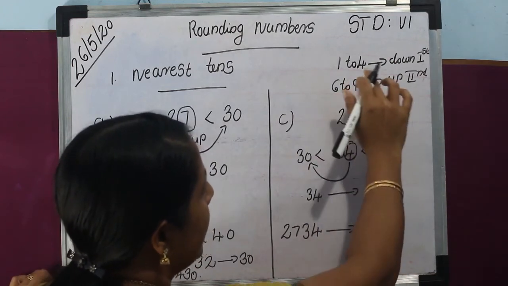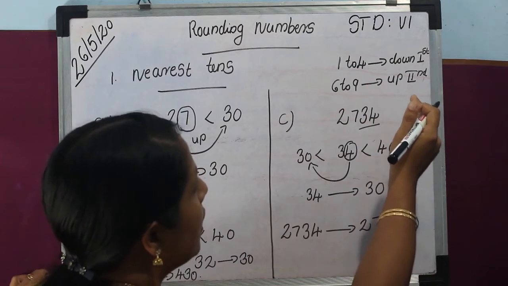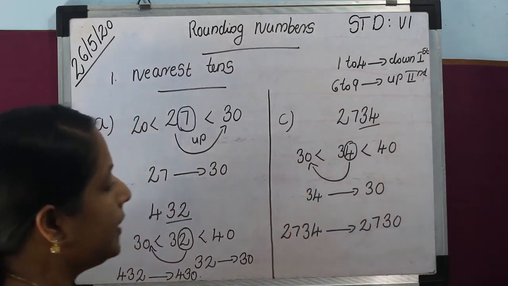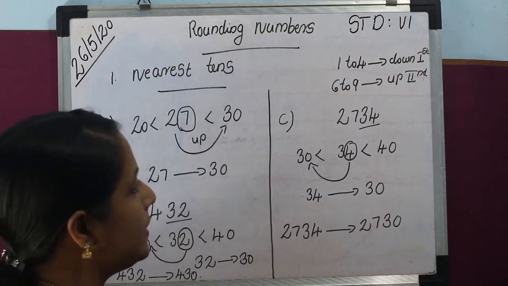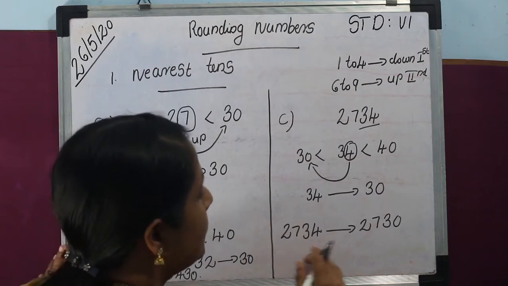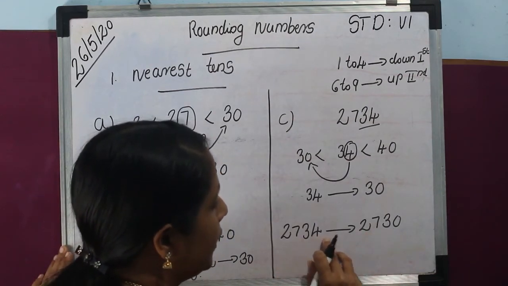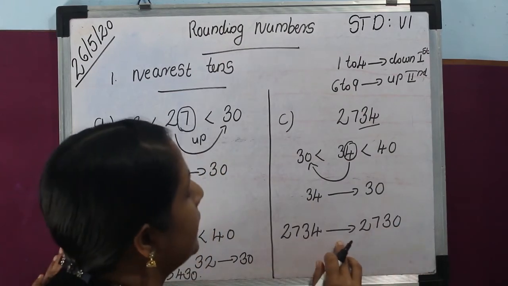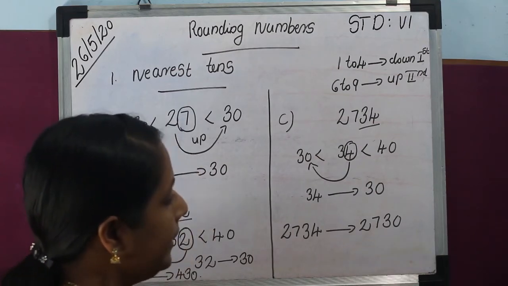So 4 lies in the down category, that is 1 to 4 is rounded down to the first number. So 34 is rounded down to 30. Then we take the whole number, 2734. First we write 27, then in the place of 34 we write 30. That is, 2734 is rounded down to 2730.